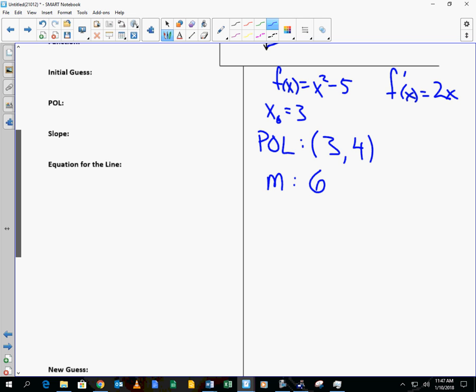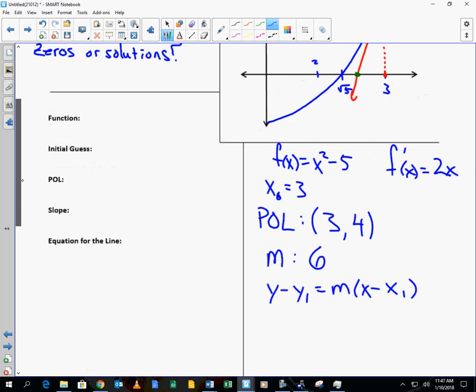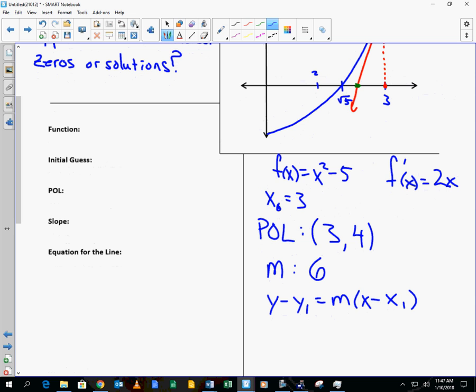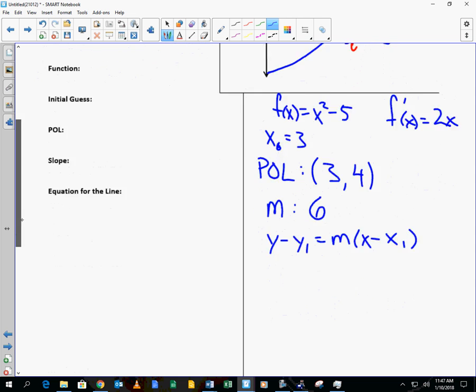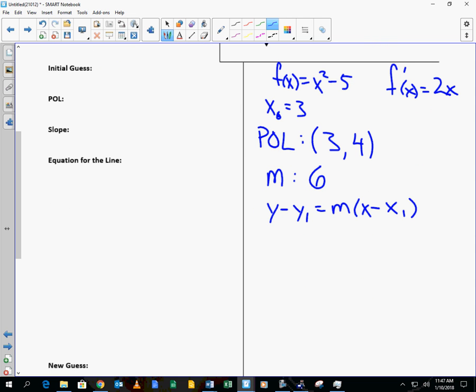So I write an equation for that line: y minus y1 is equal to m times x minus x1. But before we write that equation, please consider the y value of the x-intercept. What is the y value right here? 0. So therefore, we can turn y into 0, and we get negative 4 equals, the slope is 6, times x minus 3.